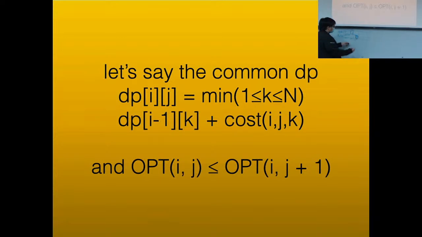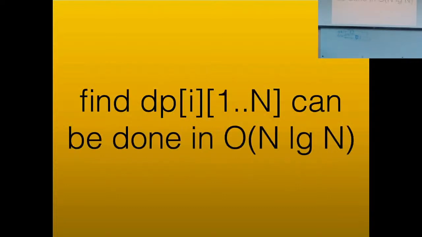And let's say the optimum from this is not smaller than that. So the cost function has this constraint. If that is the constraint, then when we want to find this dp, instead of n squared using the previous method, we can do it in n log n.